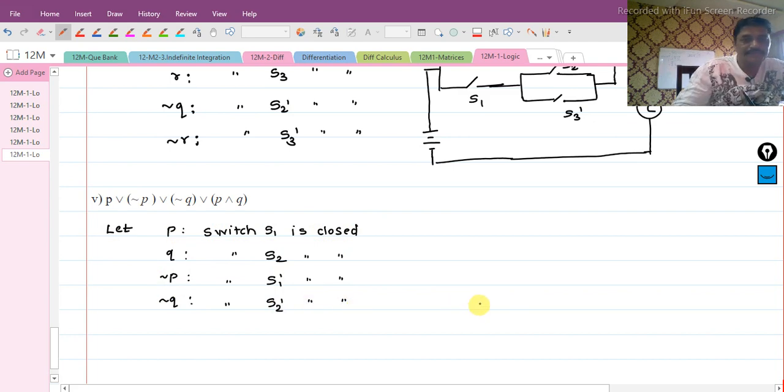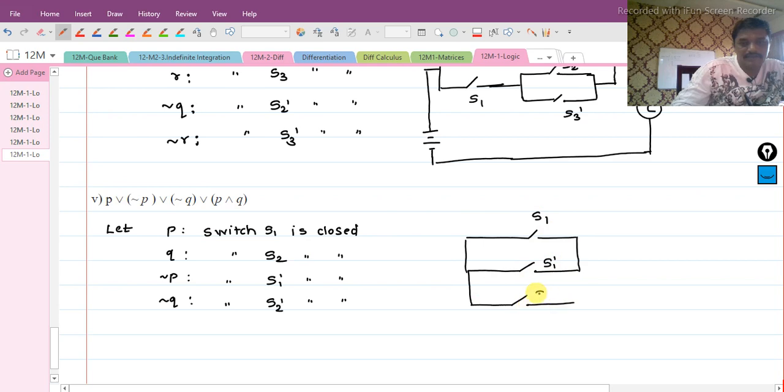Okay. अब सर्किट बनाते हैं इसका. तो पहला जो होगा सर्किट में, the first switch is P, S1. This is in parallel with negation P. Okay, I'll call this as S1 dash. This is in further parallel with negation Q. So let me call this as S2 dash.